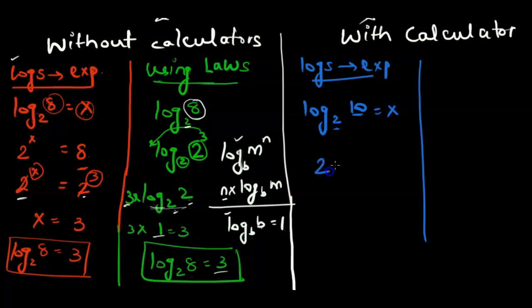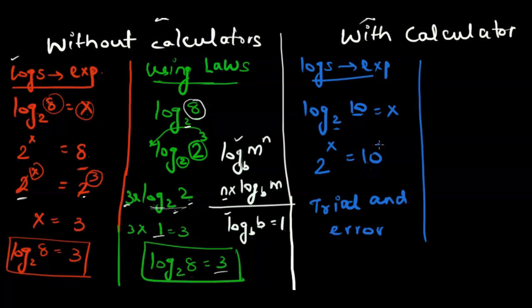So the base is 2, 2 to the power of x is equal to 10. Now we want to use the calculator to solve this, so we would do it with trial and error. Trial and error means you think which power of 2 can make you go up to 10 or close to 10. Like here, 2 to the power of 3 will give you the answer 8.